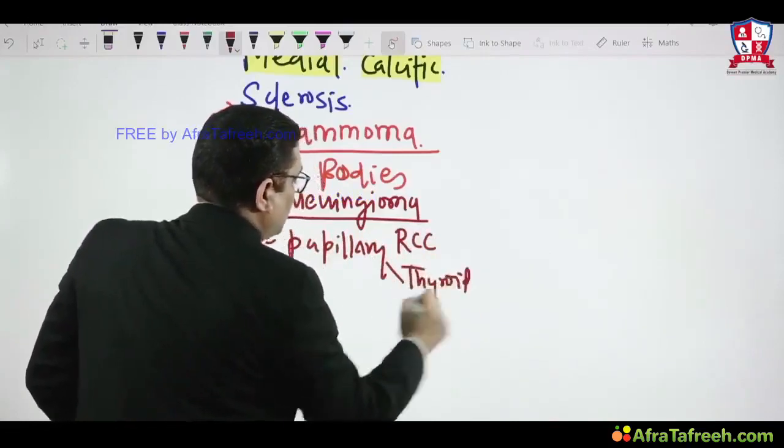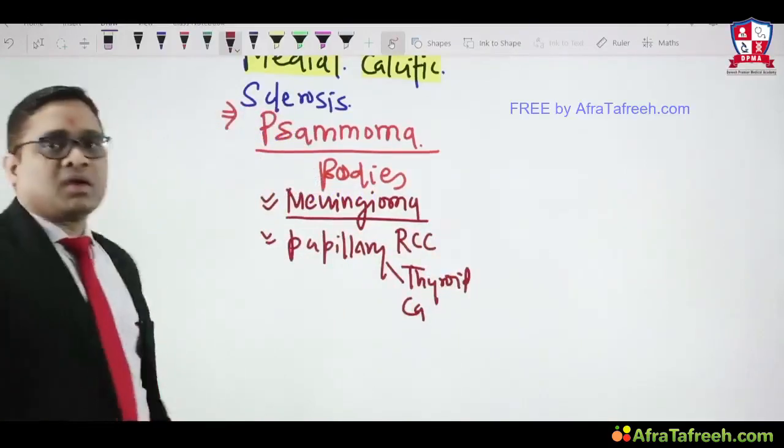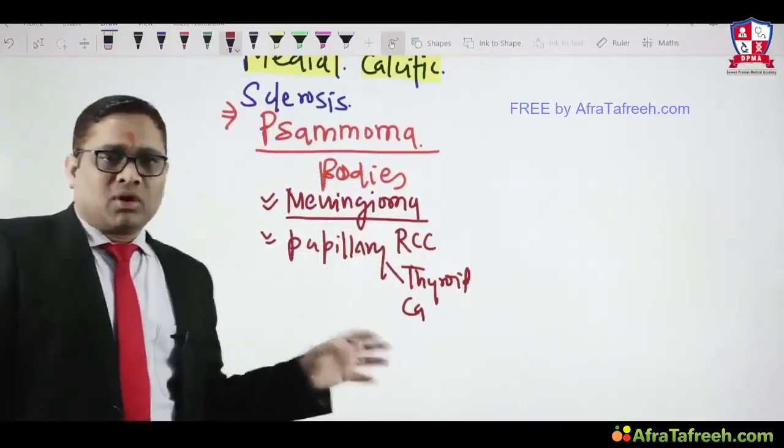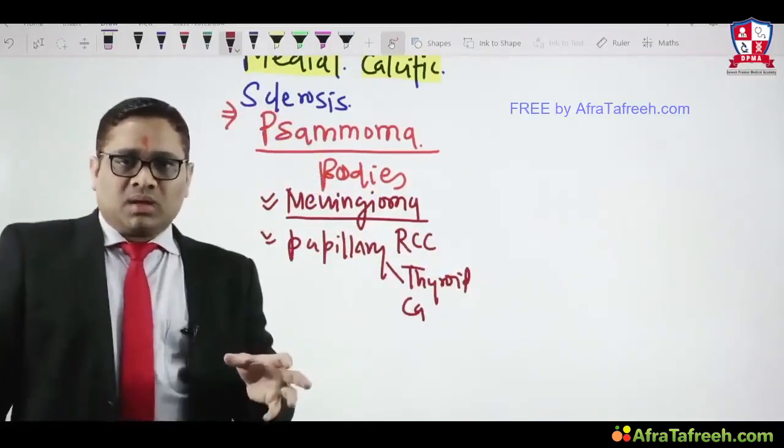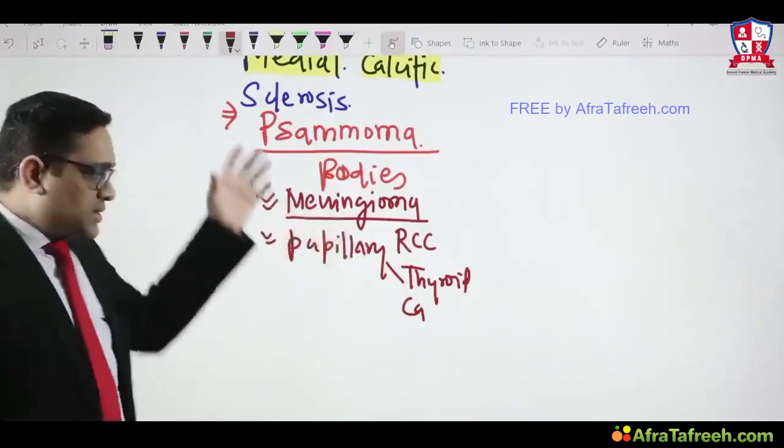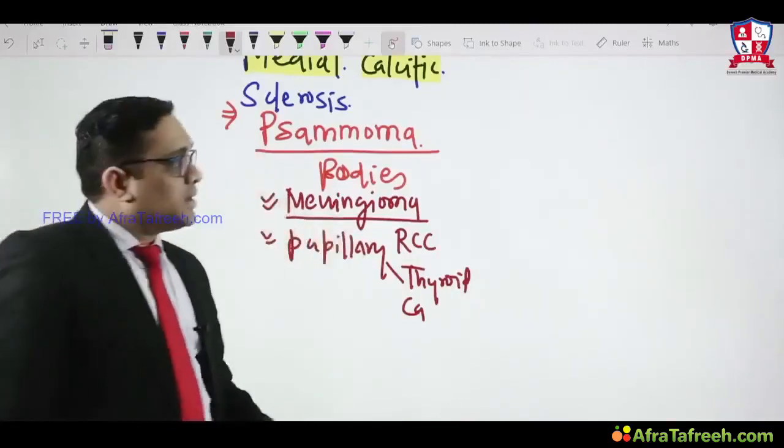In all these areas you will find abnormal tissue. So tissue is abnormal with normal calcium level; these are dystrophic calcification.